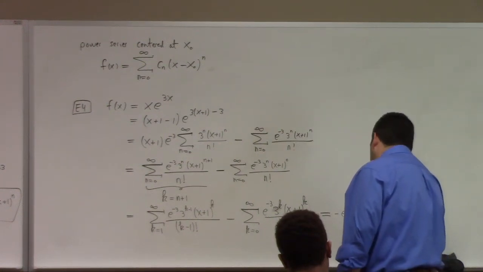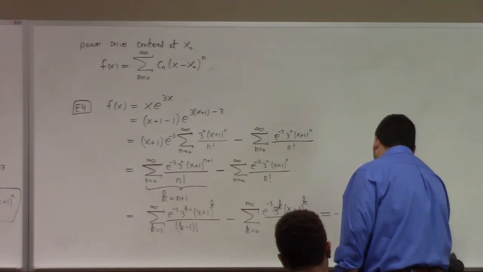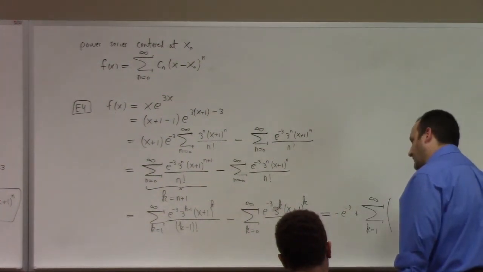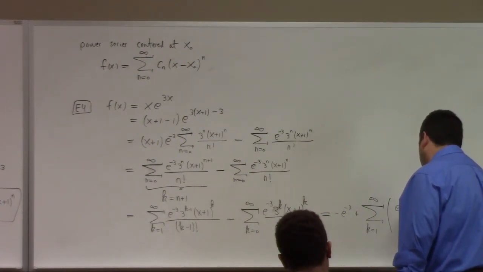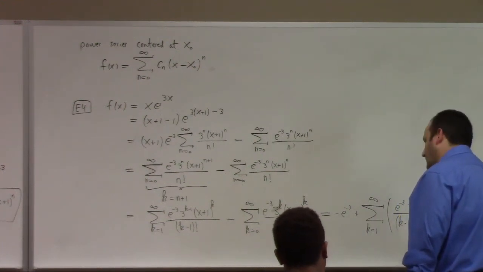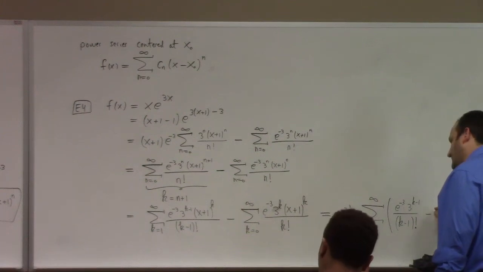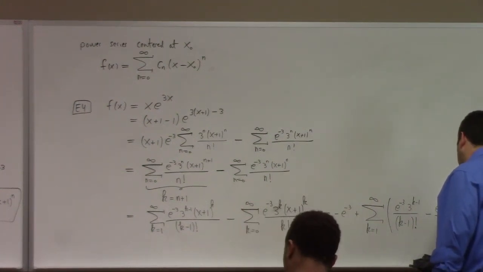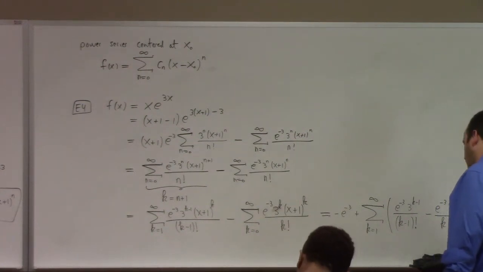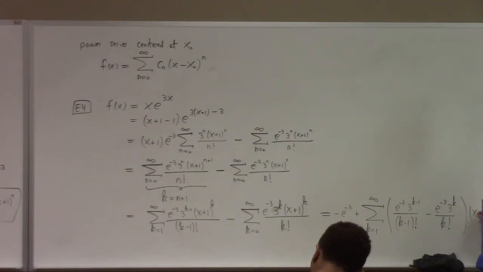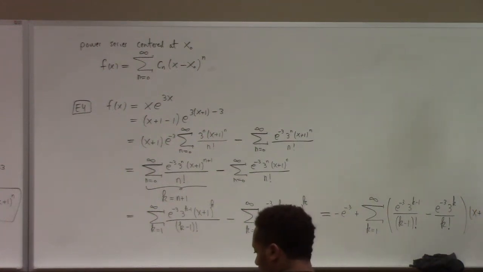And then I have plus the sum, k equals 1 to infinity, of e to the minus 3 times 3 to the k minus 1 over k minus 1 factorial, minus e to the minus 3 times 3 to the k divided by k factorial, times x plus 1 to the k.